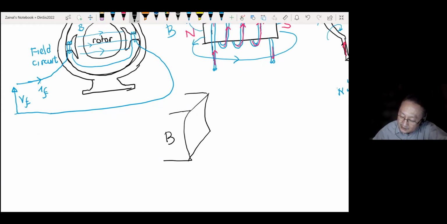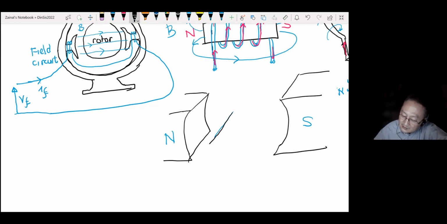I have that drawing actually. This one is the north pole, this one is the south pole, and then we have something like this one.